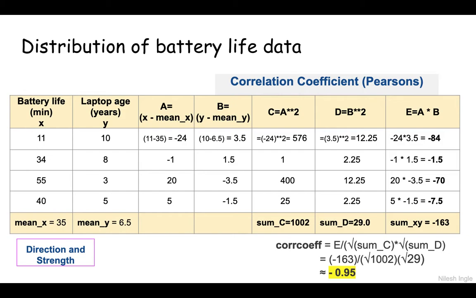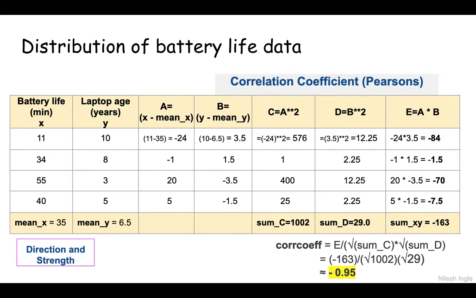If one increases, the other one decreases, and the closer the value is to 0, the weaker the relationship is. The closer it is to either minus 1 or plus 1, the stronger the relationship is between those two variables.